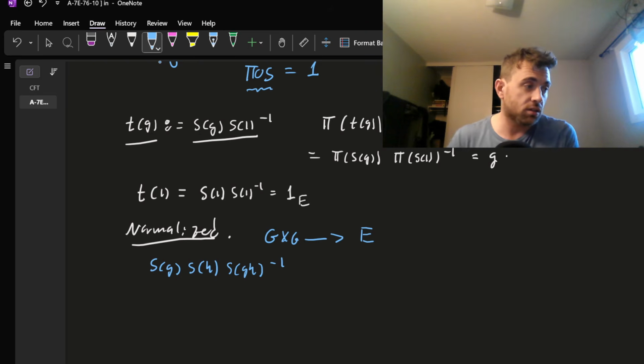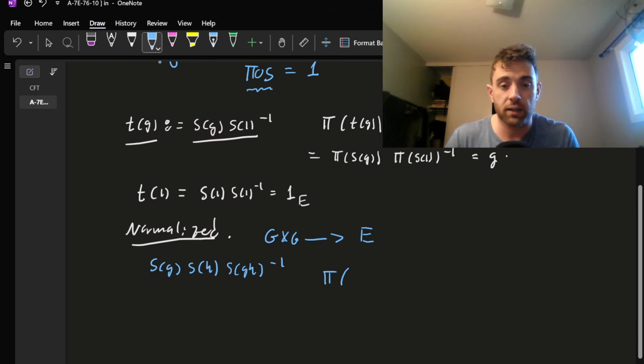And also notice that, again, if we apply pi to this function, I can separate this out into pi of each of the individual factors, and just like before, I can pop that inverse out.